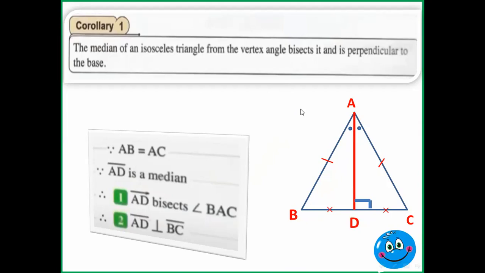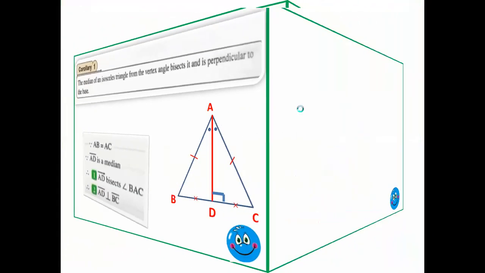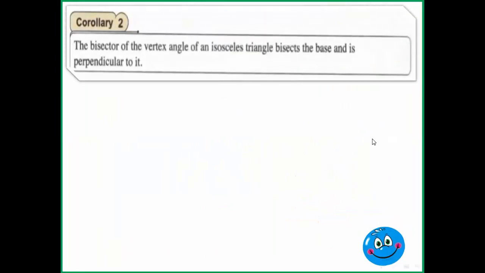Now, similarly, corollary 2. If we have a bisector of the vertex angle of an isosceles triangle, this relates specifically to an isosceles triangle. We deduce that this bisector bisects the base and is perpendicular to it.